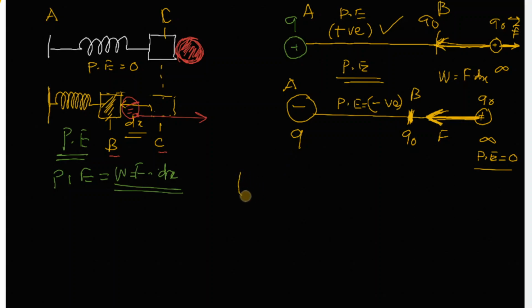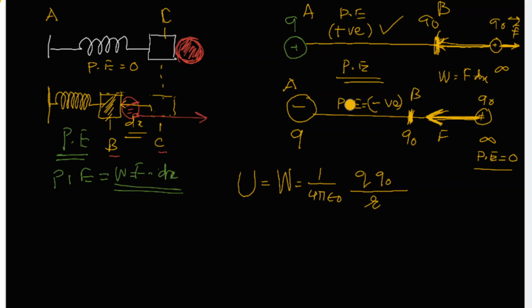We know the electrical energy is nothing but work done, and that is equal to 1 upon 4 pi epsilon 0, q, the source charge, into Q0, the positive test charge, divided by r, the final distance between the present location of the Q0 point and the source charge.